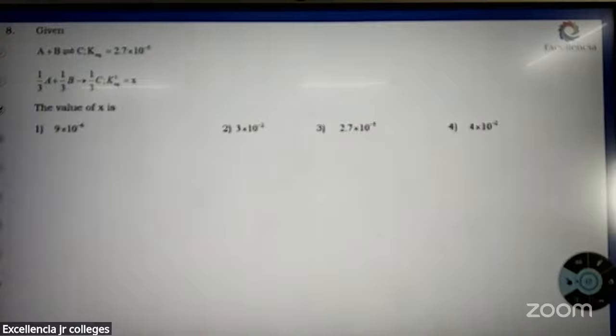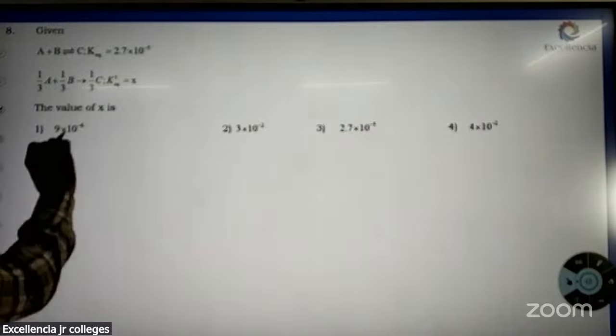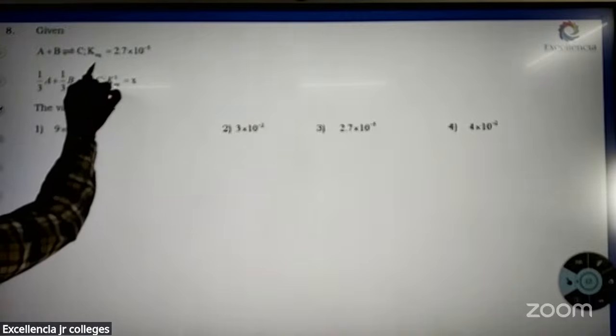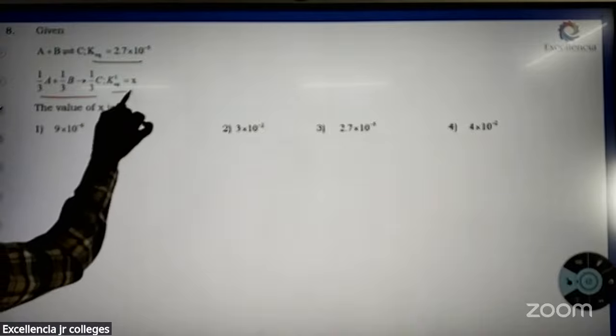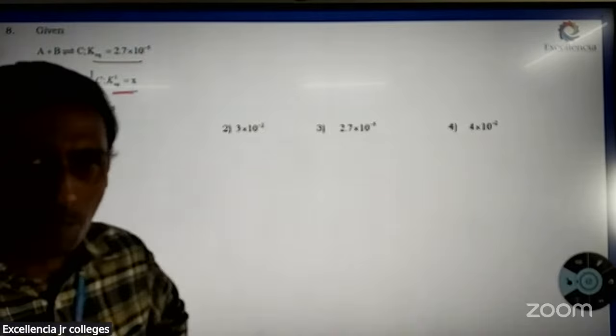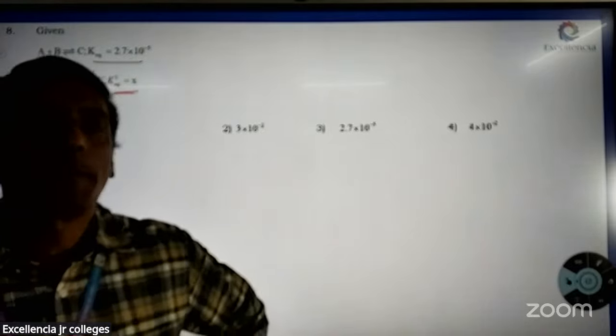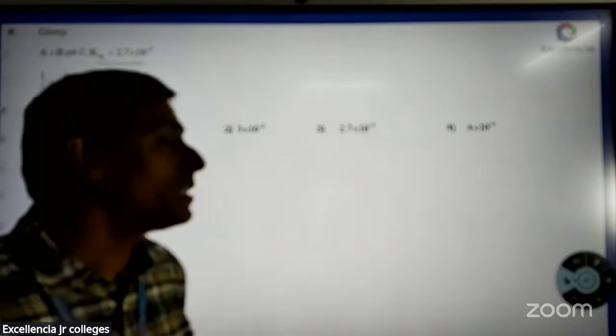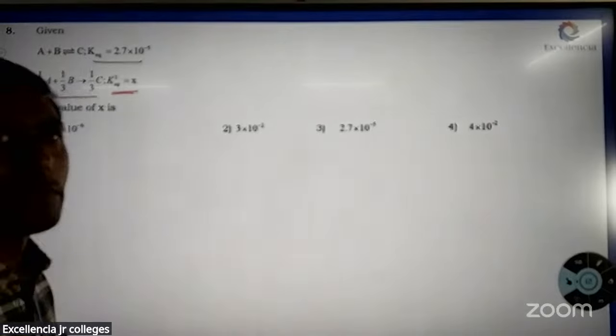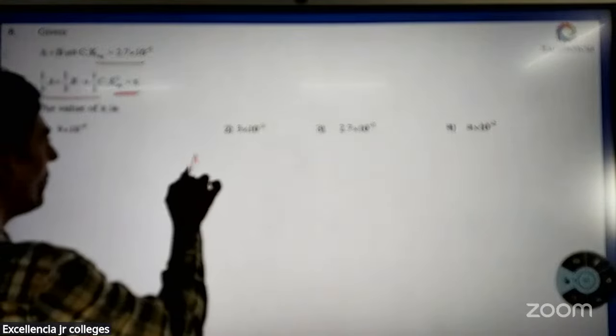Say, a question from equilibrium again. They have given two reactions, A plus B giving rise to C. The K equilibrium is given, and the reaction is changed into another form, and they are asking the new equilibrium constant. In the chemical equilibrium topic, these are the different conditions we study to calculate the equilibrium constant. So what is given?